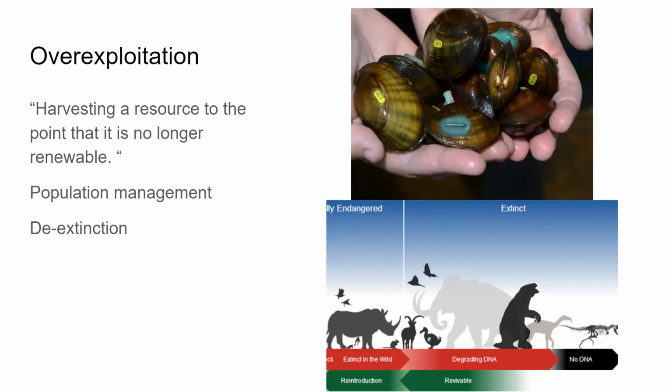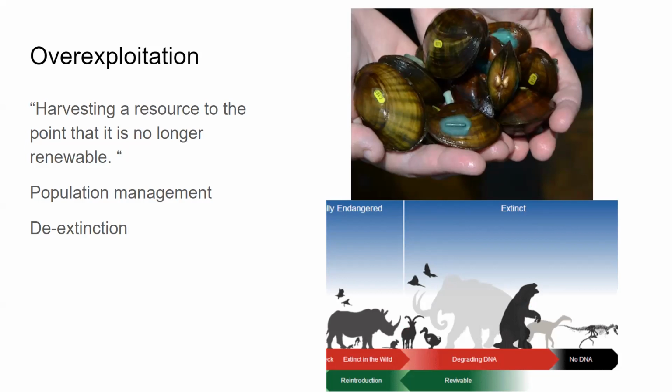There's a lot of research being done on trying to maintain these populations in the wild, but also one way to do that is to supplement with captive breeding of these animals or plants, where they will grow them in an environment that is well suited for them to be reintroduced into the natural environment.